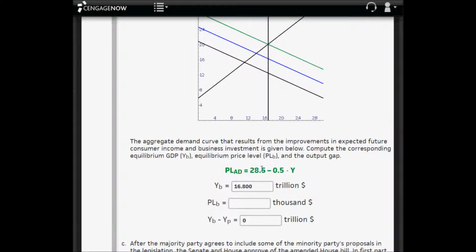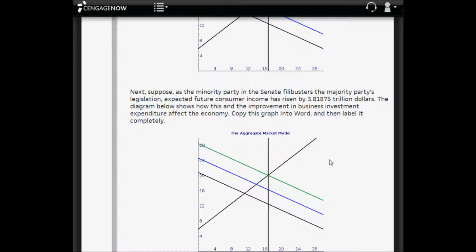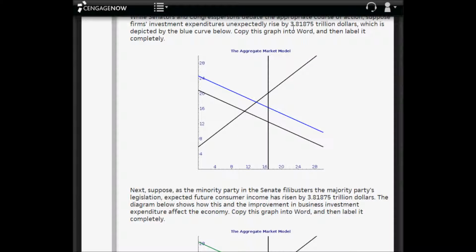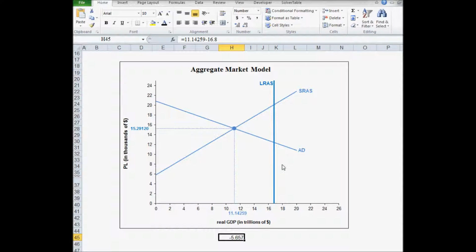To get the price level, we need to plug this value into this equation. Or we can simply copy this value here, the increase in firm investment expenditures, which is equal to the increase in expected future income. We can copy this value into the simulation.